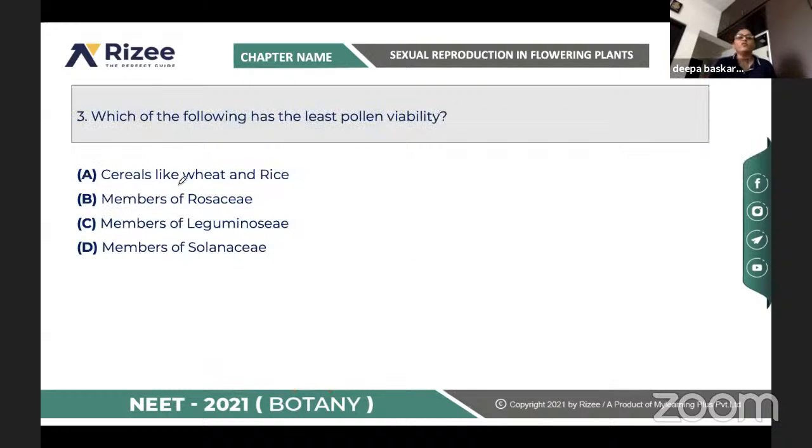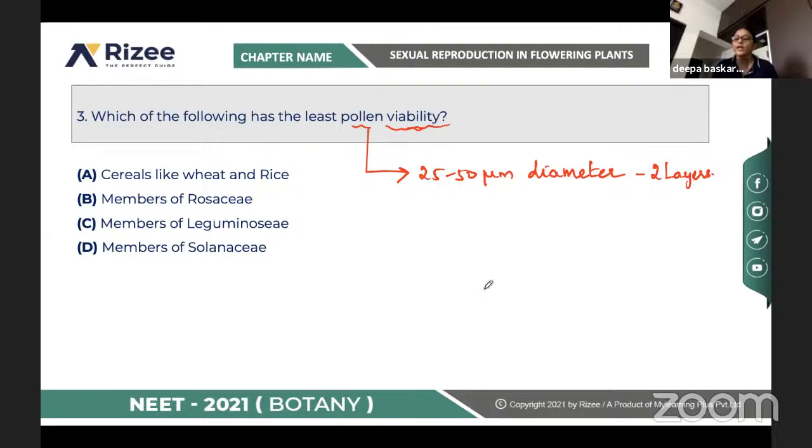Third question: which of the following has the least pollen viability? What do you mean by viability? How long it will be alive, how long it will have the potential of involving in fertilization. That is called viability. The characteristic features of pollen grain: it has 25 to 50 micrometer diameter and 2 layers.